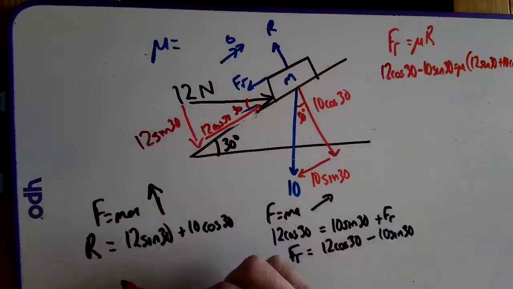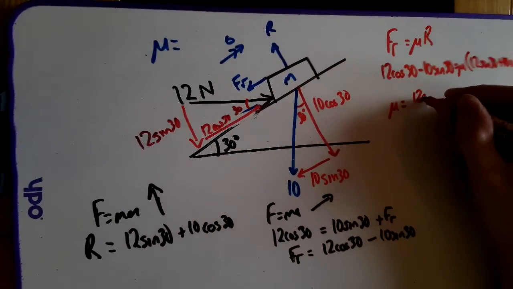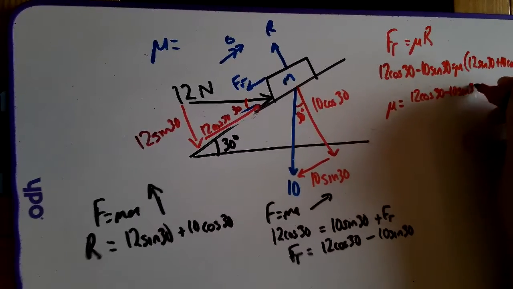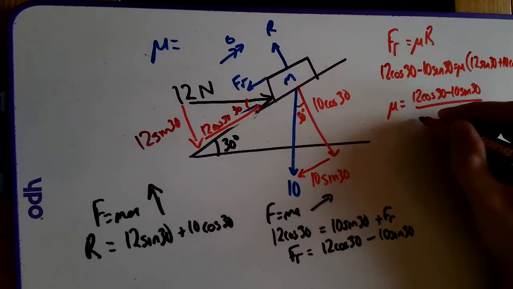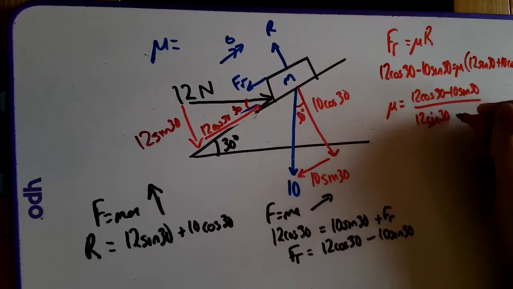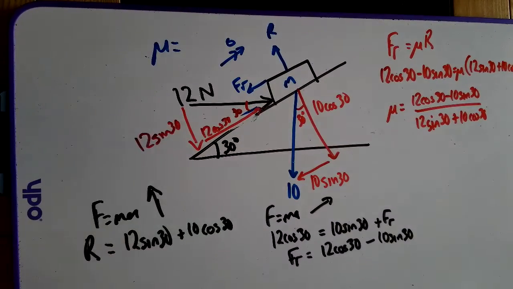So I'm just going to divide by the R. So mu is the friction divided by the R, which was 12 sine 30 plus 10 cos 30. Just type that in your calculator.